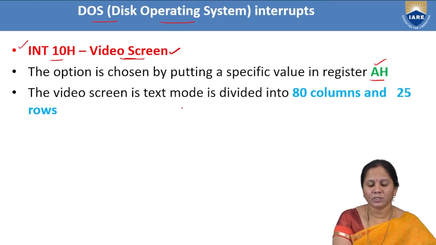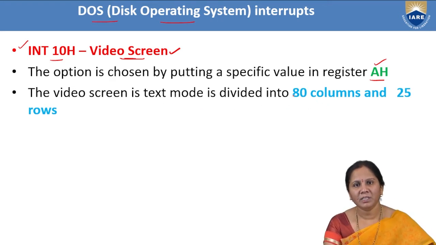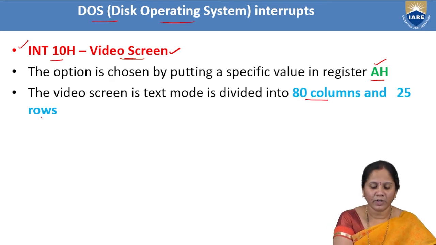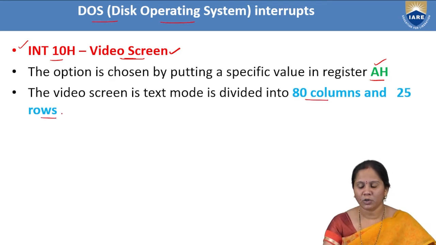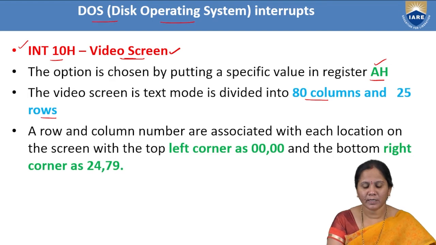Generally, a video screen consists of a set of rows and columns. Consider a screen which consists of 80 columns and 25 rows. If the screen is divided into 80 columns and 25 rows, the row and column numbers are associated with each location on the screen.